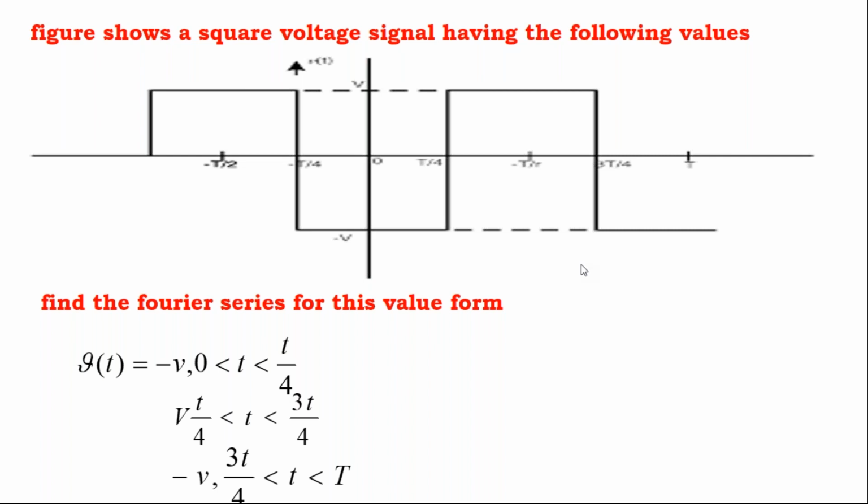Now tell me, what is the amplitude from 3T by 4 to T? No, the question is, now observe the waveform and tell me, from 3T by 4 to T, what is the amplitude?